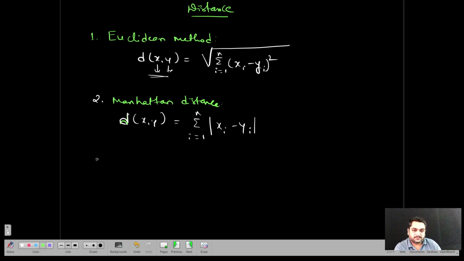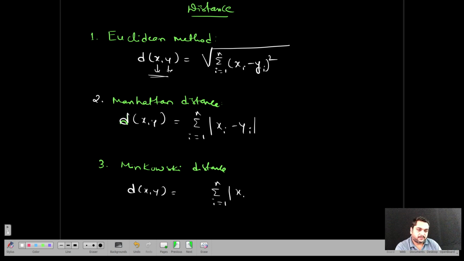The third one is Minkowski distance. It is actually the combination of these two. If you observe, Minkowski distance d of x comma y is equal to summation of i equal to 1 to n, |xi minus yi| to the power p, whole to the power 1 by p.